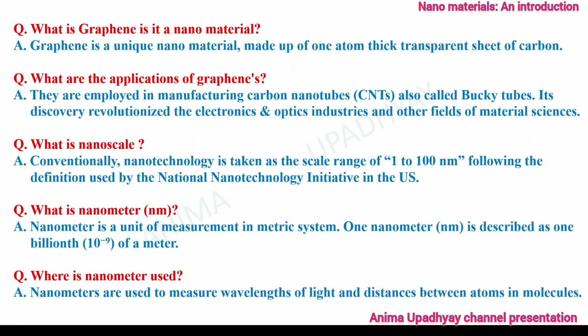What is a nanometer? A nanometer is a unit of measurement in the metric system. 1 nanometer is described as 1 billionth of a meter, that is 10 to the power of minus 9 meters. Where is the nanometer used? Nanometers are used to measure wavelengths of light and distances between atoms in molecules.